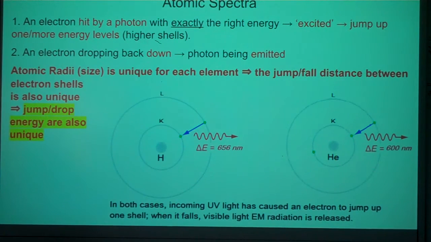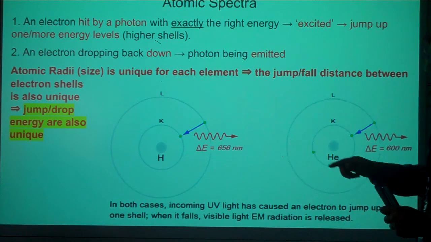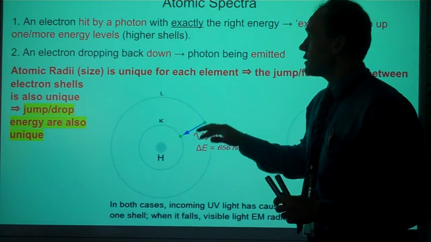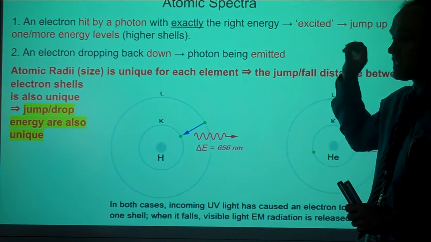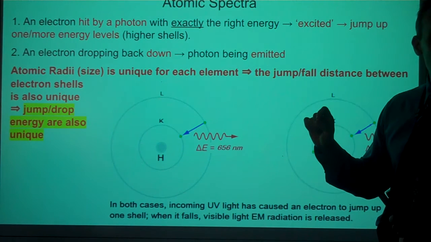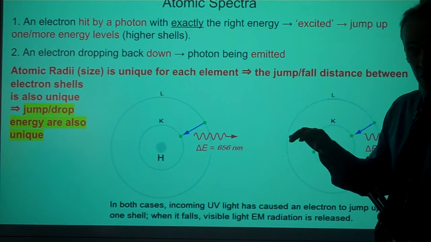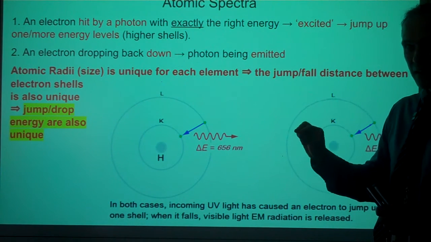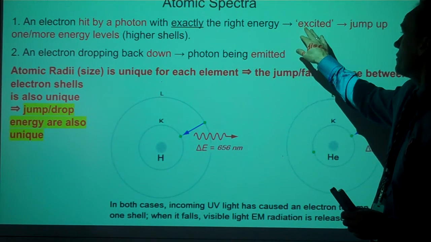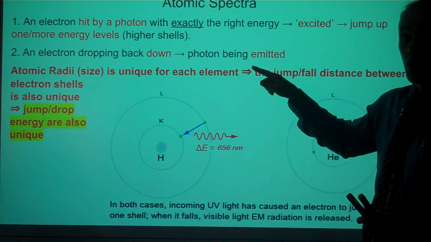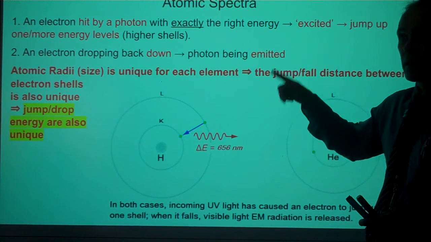Now, this is the picture I changed. Okay? If an electron in an atom gets hit with a photon with exactly the right energy, not close to it, but exactly the right amount, the electron will become excited, and it might jump up 1 or more levels. It's not going to jump up, down, up, down, up, down.